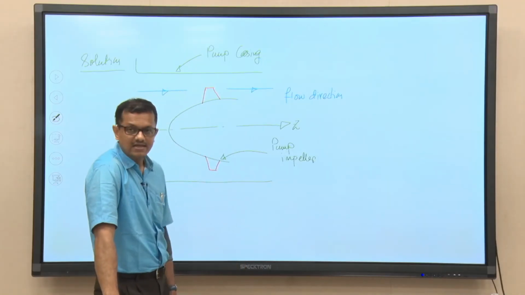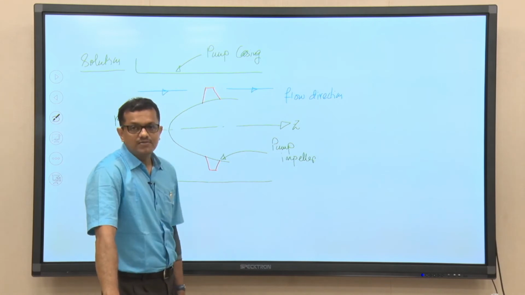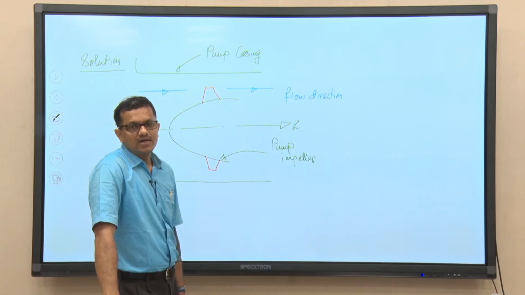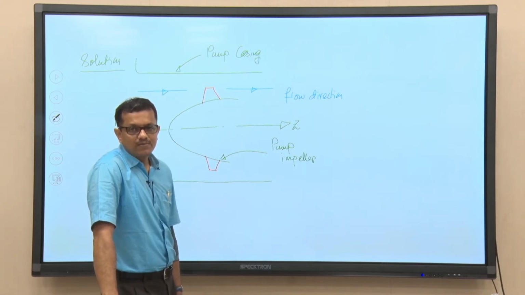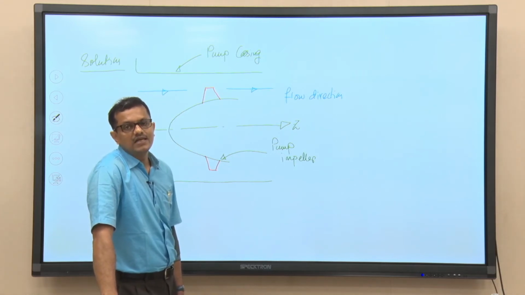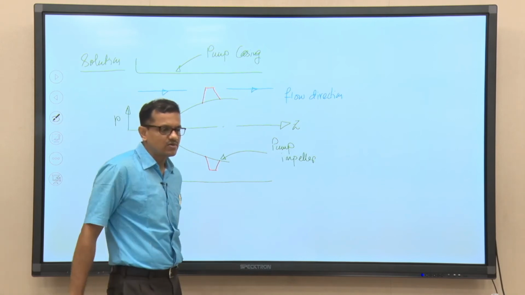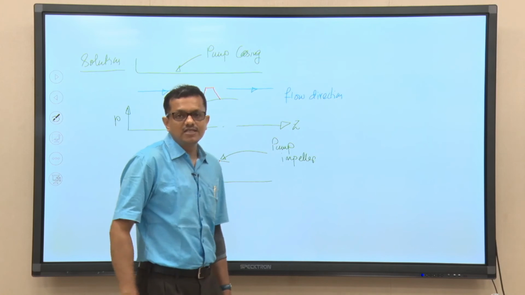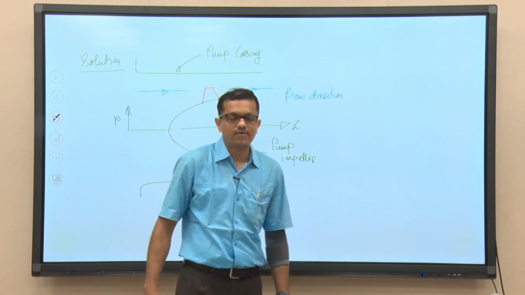We have seen that for downstream and upstream, streamlines are parallel to each other, but when flow is approaching the blade, there is a radial shift, and we have discussed why. We also discussed the need of studying this particular aspect in the context of axial flow machines.